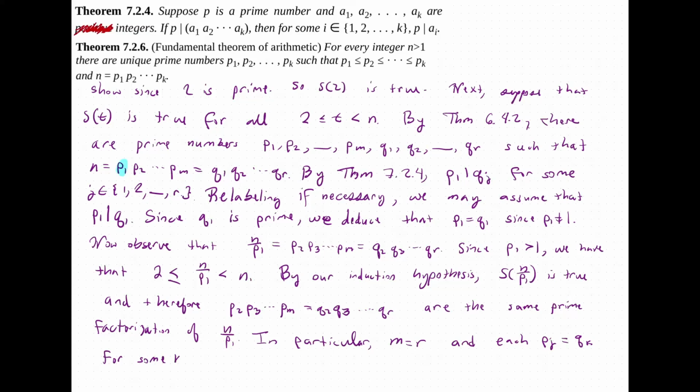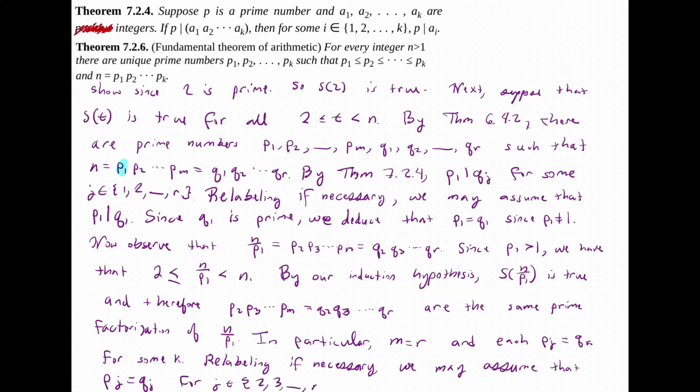So relabeling if necessary, we may assume that P sub j is equal to Q sub j for j in the index set 2, 3, all the way through m. But now we are done. That's exactly what we wanted to show, since now that tells us that the factorization for n is unique.